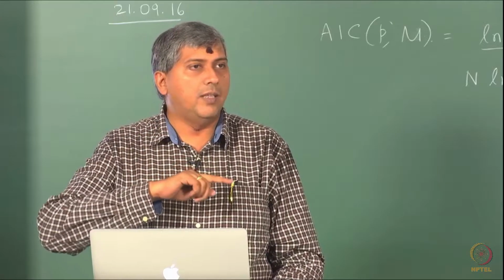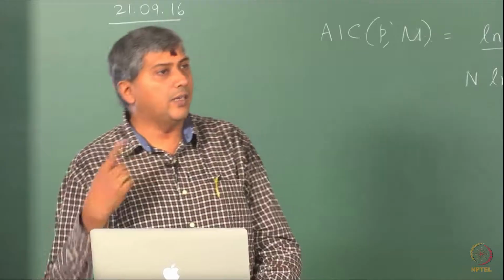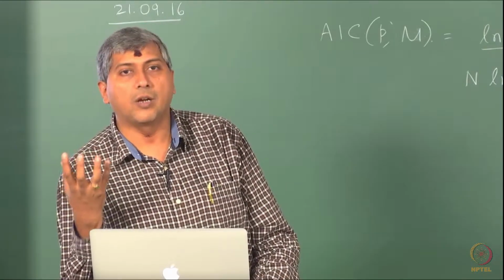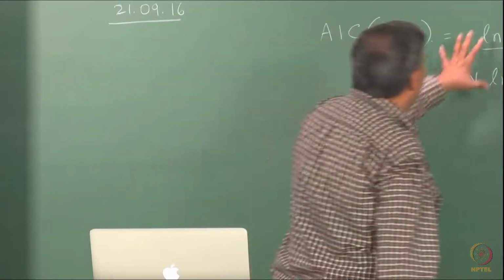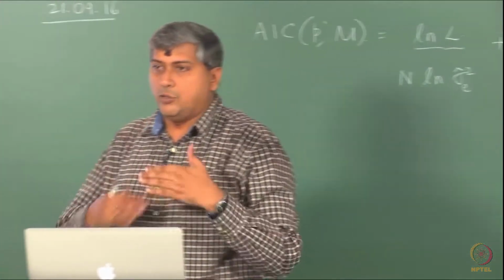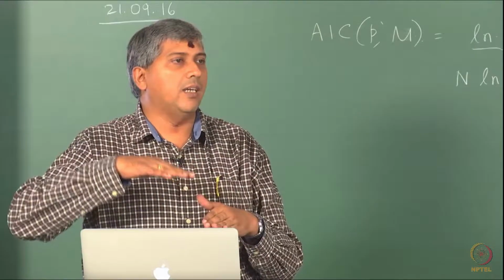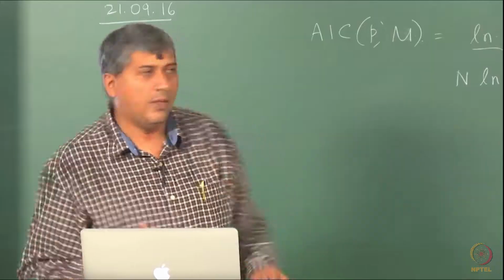Typically, as the number of parameters that you include in your model increases, the error in the parameter estimates will also increase. So, the second term is a quantification of that, and now you can see there is a trade off between this term and the second term here. As you increase the model order, the first term lowers, but the second term starts to shoot up, and you are looking for that point, that trough.